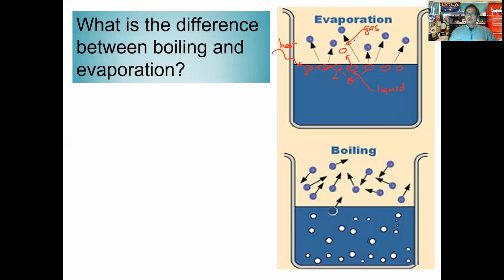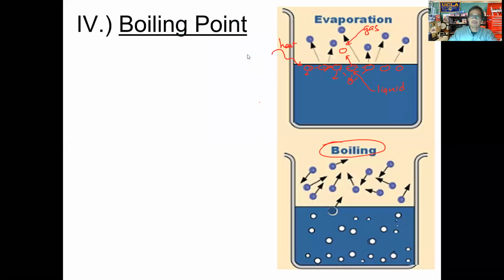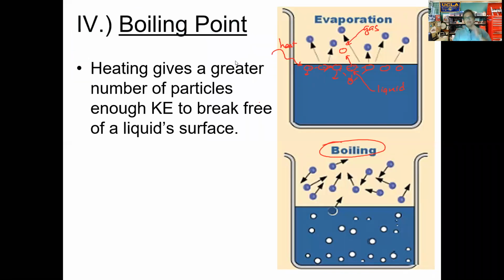Okay, so what's going on with boiling that makes it different from evaporation? First of all, make sure you understand this: to get to the boiling point of a liquid, to get it to boil, we have to heat up the liquid. As you heat up the liquid, all the particles start to move faster.